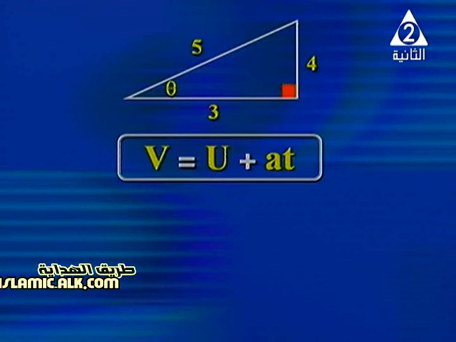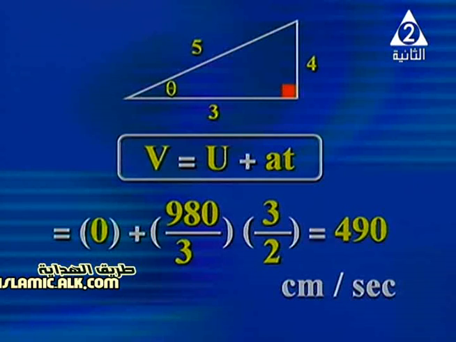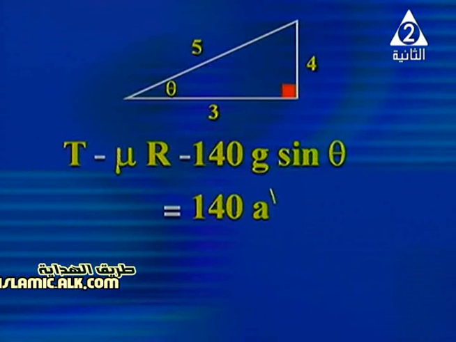After that, we know that the first law is v equals u plus at. By substitution about initial velocity equals 0, a is 980 over 3 and t is 1.5, then v equals 490 centimeter per second. Since, dear student, t minus mu r minus 140 g sine theta equals 140 a dash.